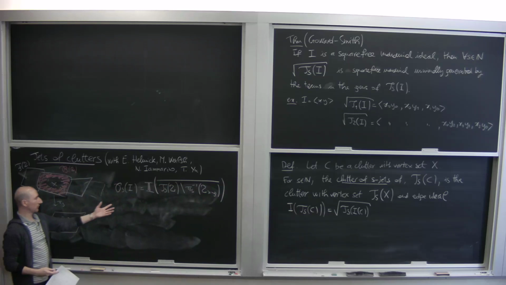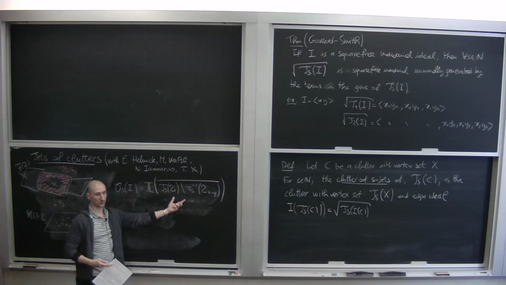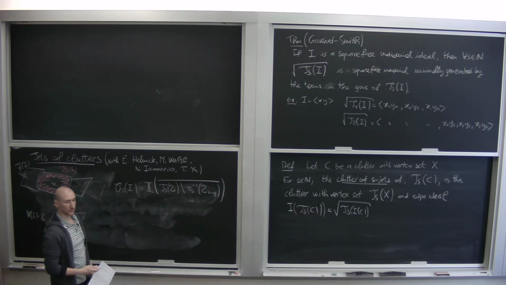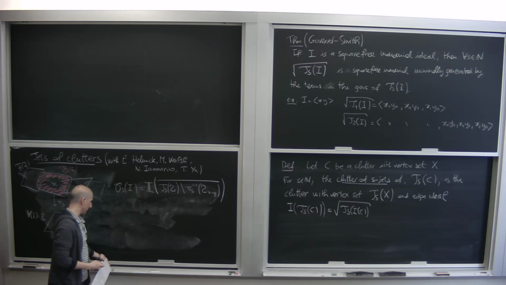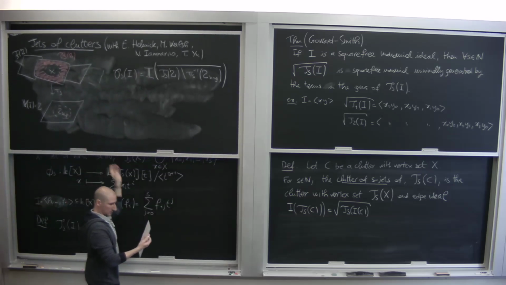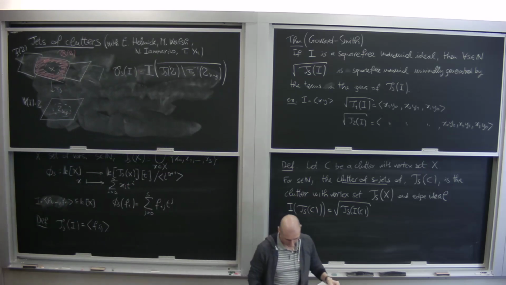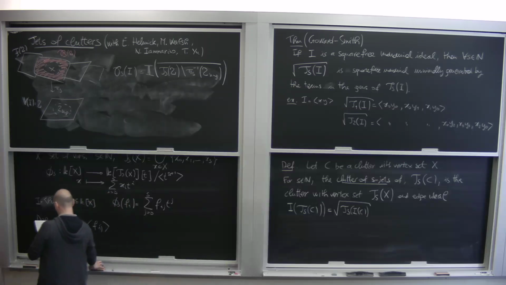I'll spare you the details. You can write this in a slightly nicer algebraic way because taking differences corresponds to taking colon ideals and so on and so forth. But I'd rather just tell you what happens if you do this for square-free monomial ideals, which is the part we care about. I'll just tell you that story.